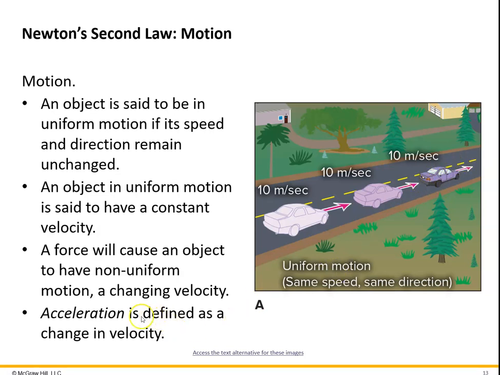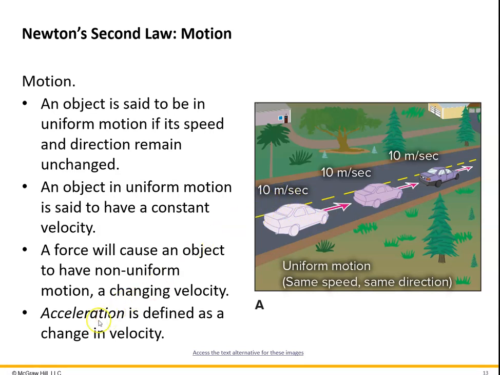Accelerating is really just changing velocity. You could be traveling at the same velocity, and as soon as you hit the brakes, that's acceleration. By the way, this is really important. I like to use a car because people are generally familiar with driving a car.